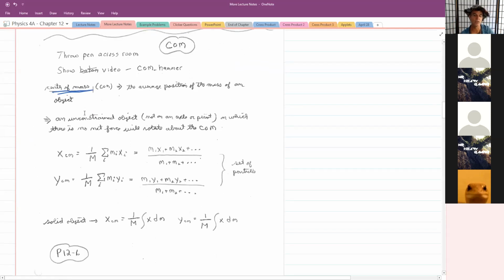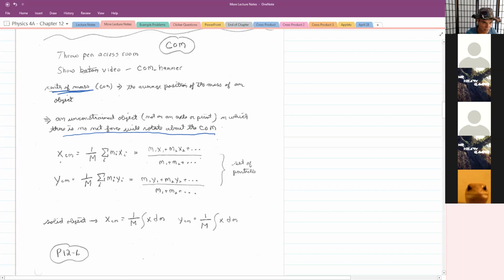For an unconstrained object, meaning an object that's not made to rotate on an axis or pivot, if there are no net external forces on it and I just throw it in the air, it will naturally rotate about its center of mass. That's just how it works. So if I throw a pen in the air, that pen is going to naturally rotate about its center of mass.